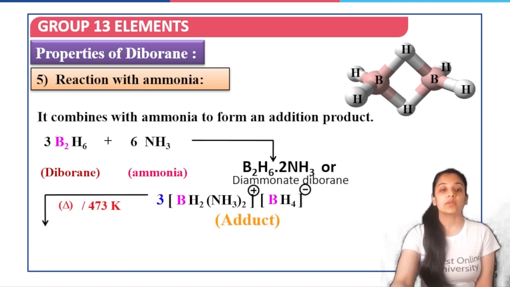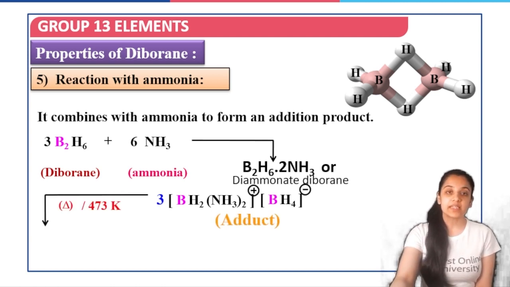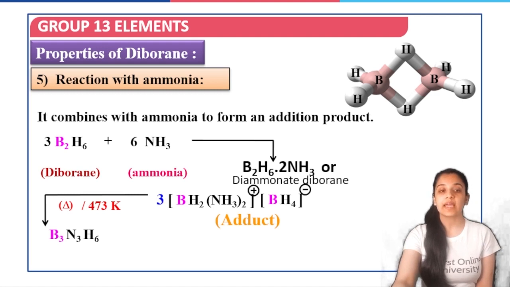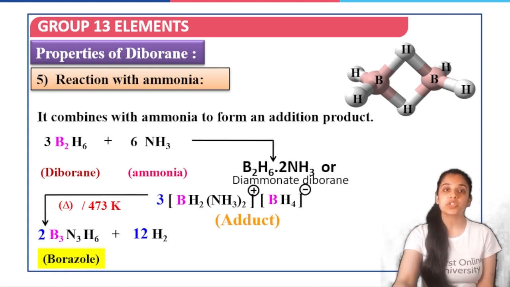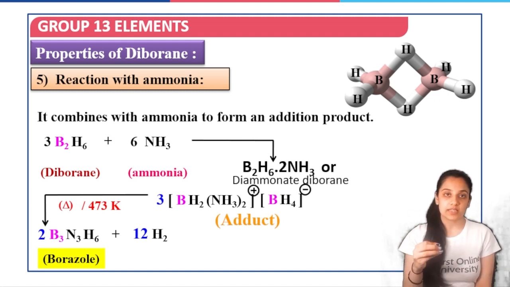And when this adduct is heated at 473 Kelvin, what we get is B3N3H6, and H2 gas is liberated. Now, what is B3N3H6? A very important compound of boron, that is borazole. It has a structure very similar to that of benzene. What is benzene? C6H6, right?